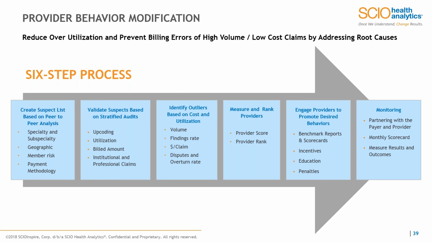Reviews need to be validated, and those reviews can include both institutional and professional claims, and a combination of those. Auditors identify upcoding and overutilization and then provide findings to providers and payers.